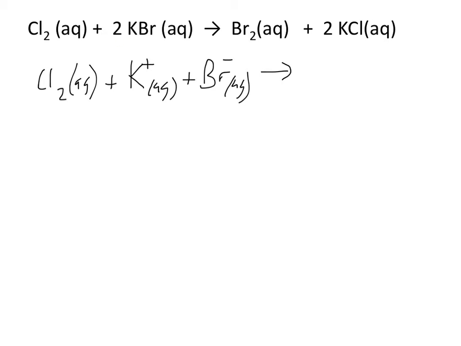We're going to work on balancing in a second. So on the right hand side we see, well, is bromine ionic? No, it's not. It's a covalent molecule, so that will stay as Br2. Is potassium chloride ionic? Yes. Is it dissolved in water? Yes. You can tell that because it's aqueous, so you can write the ions for that separately.